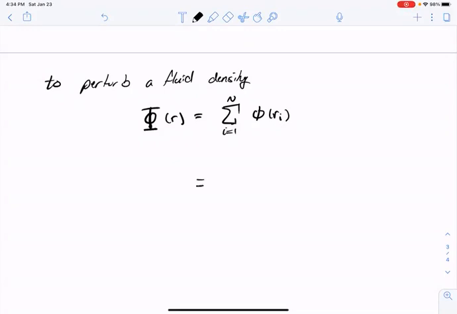Now, if I can express that potential as a sum of single-body functions that depend on just Ri individually, I can do a trick. I can introduce an integral, evaluate little phi not on a particle, but at the position r, at the cost of introducing a sum of delta functions with arguments r minus ri.